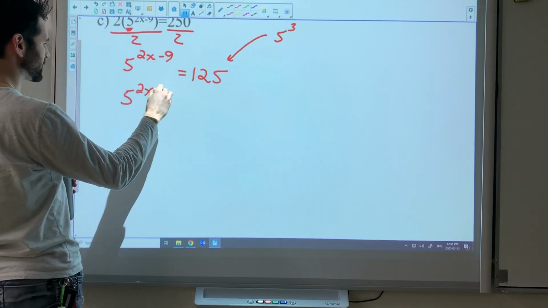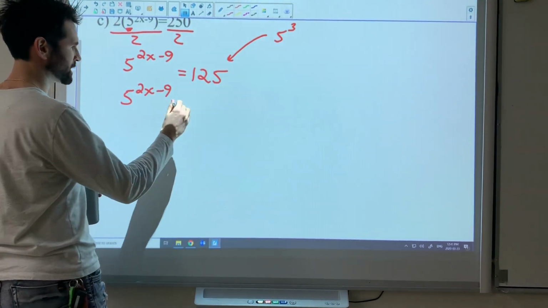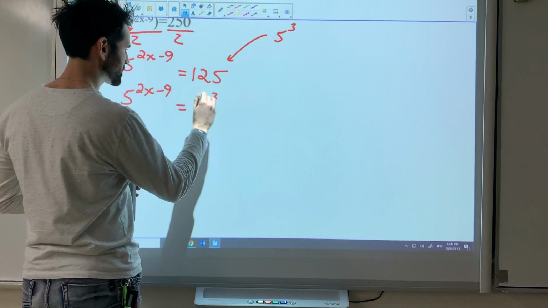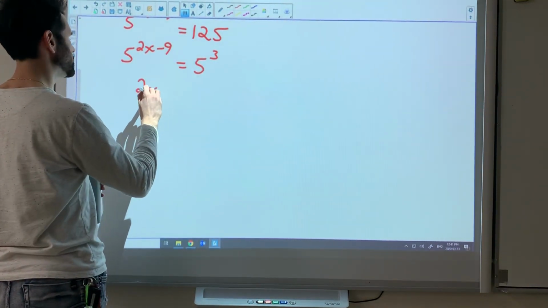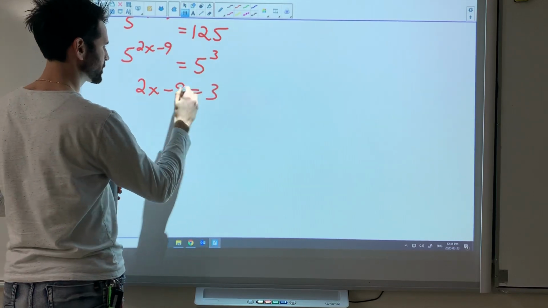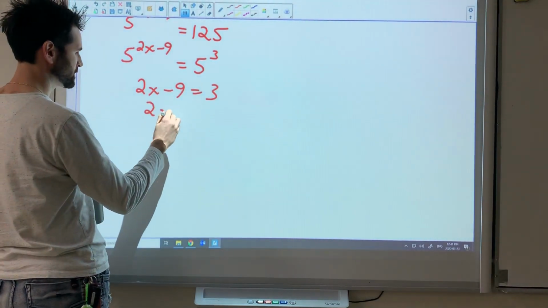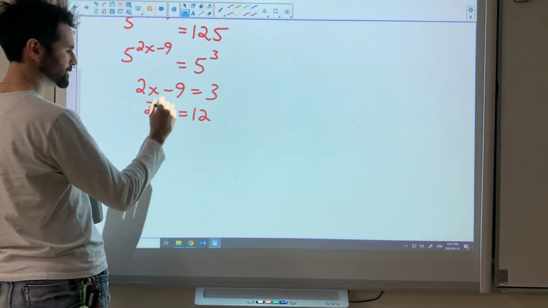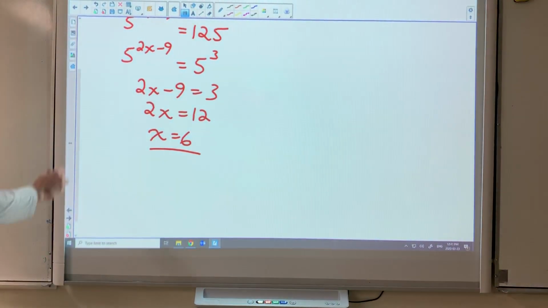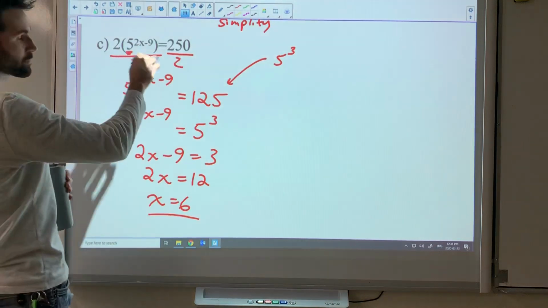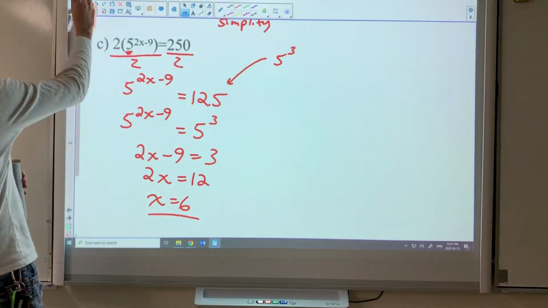So now I can write 5 to the power of 2x minus 9 equals 5 to the power of 3. So now I have the same base. I can equate the exponents and solve the equation. So add 9 to both sides. So you get 12. Finally, divide by 2, you get a nice integer answer. So x is 6. So plugging in 6 here would satisfy that equation.